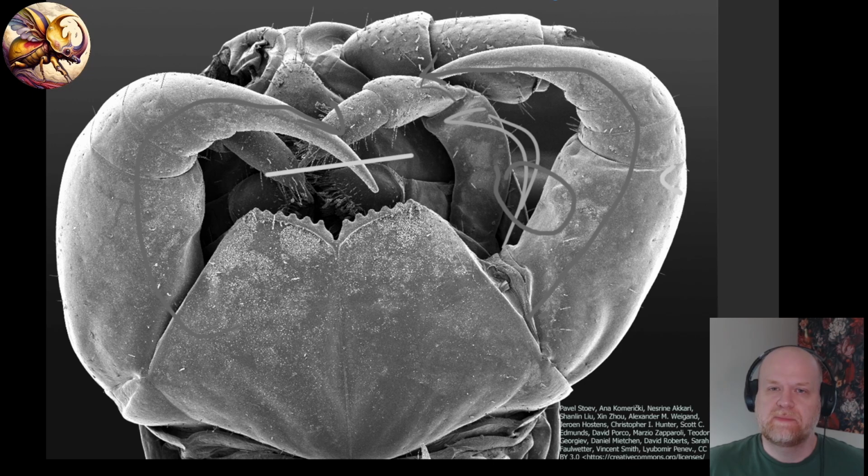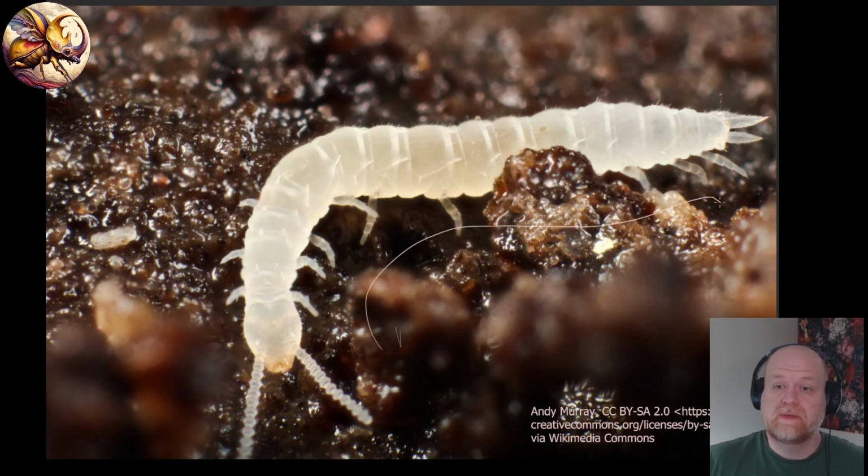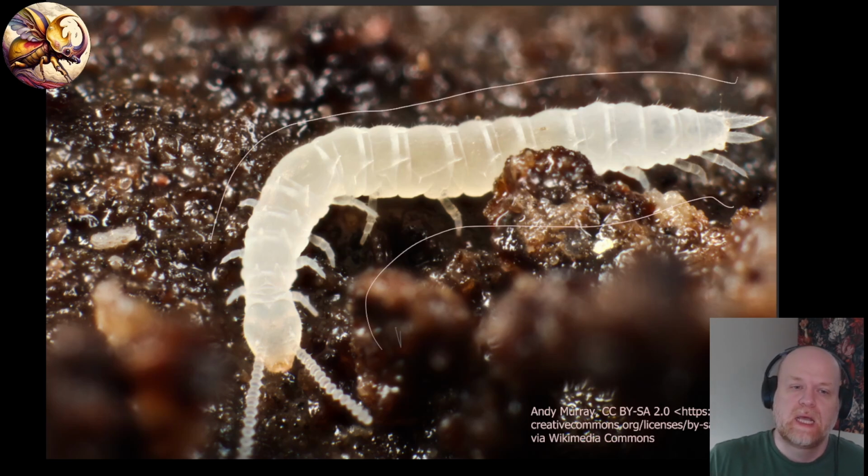And then finally, you have the symphyla, which are the garden centipedes. These are itty bitty, microscopic. You might see these in your garden. They are sometimes in very large numbers. They can be pests of things like pineapples in tropical areas. They kind of look like centipedes.